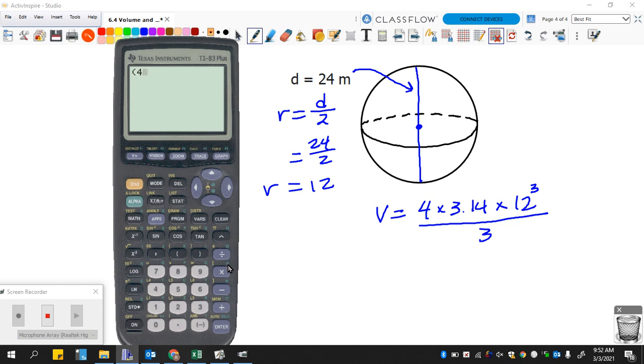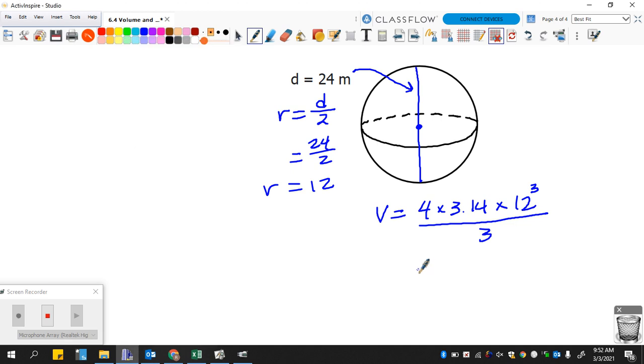Four times 3.14 times 12 to the third power, all of that, close parentheses, divided by 3, and we end up with 7,234.56 meters cubed.